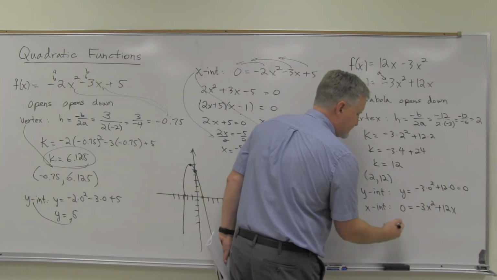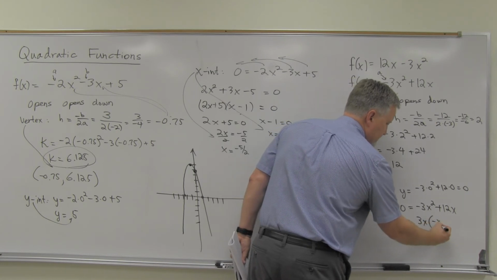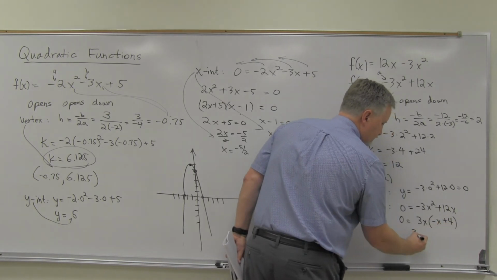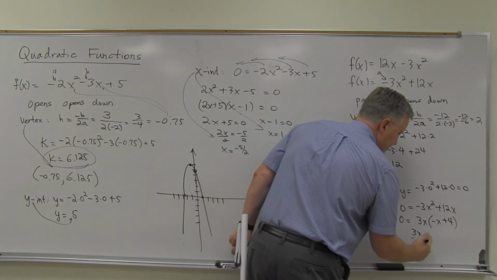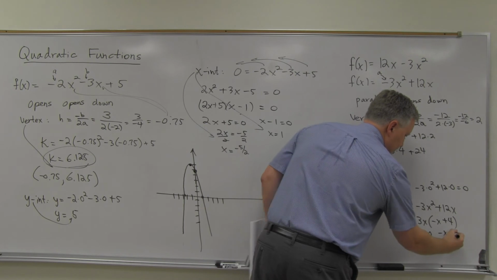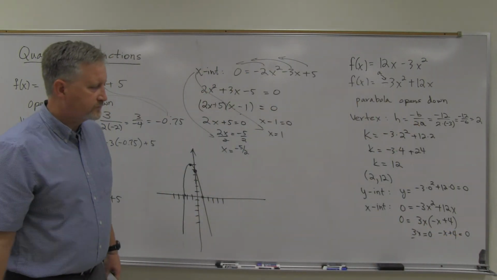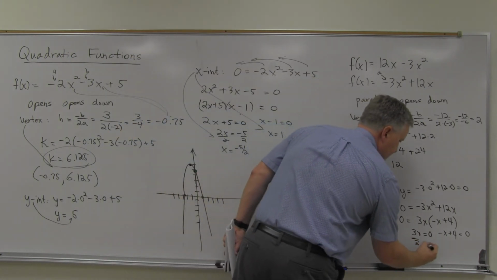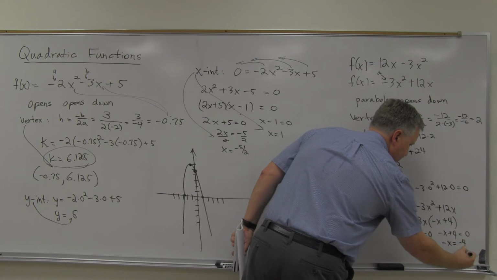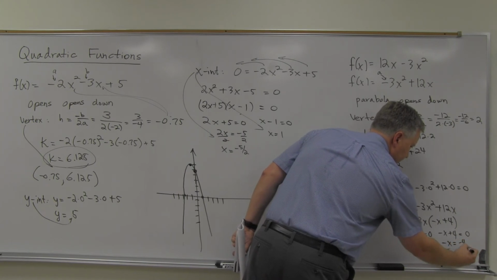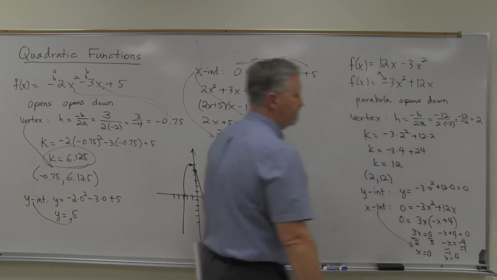So it's just going to be factor out negative 3x. So it'll be negative 3x times x minus 4. So we got 0 and x equals positive 4. So the x-intercepts are 0 and positive 4.